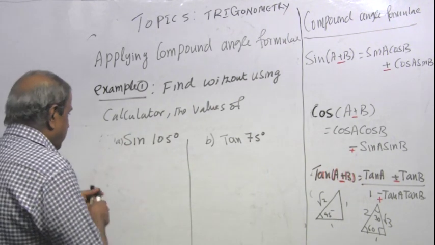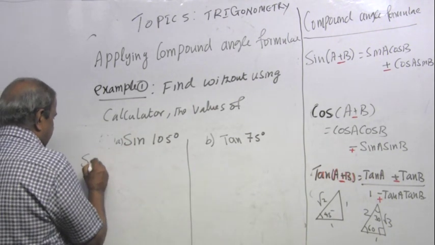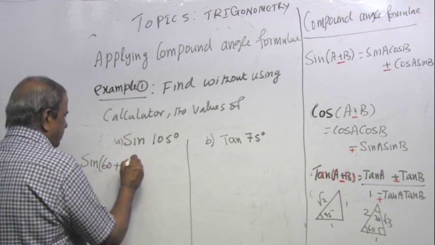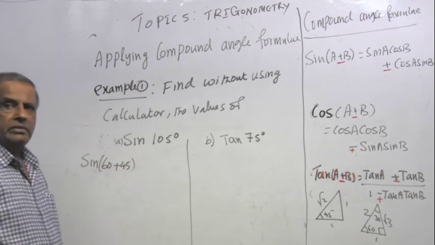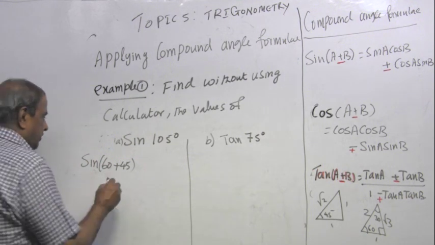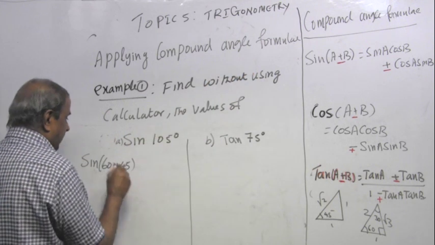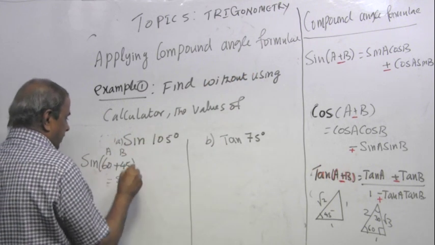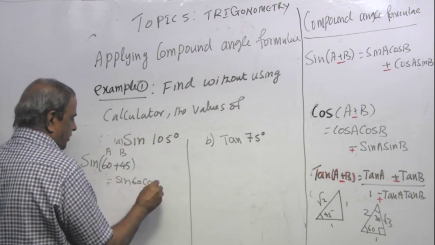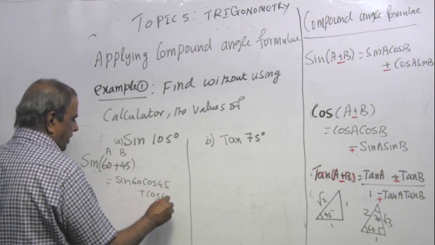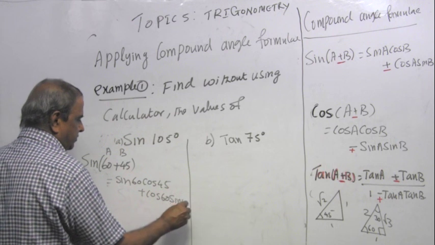So therefore, I can write this as sine of 60 plus 45. What is sine of 60 plus 45? Sine of A plus B, where A is 60 and B is 45: sine 60 cos 45 plus cos 60 sine 45.